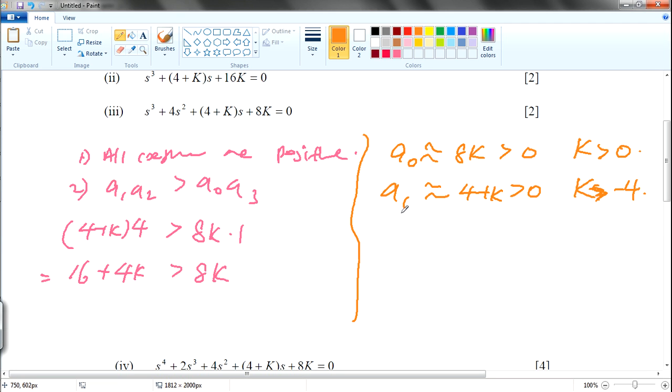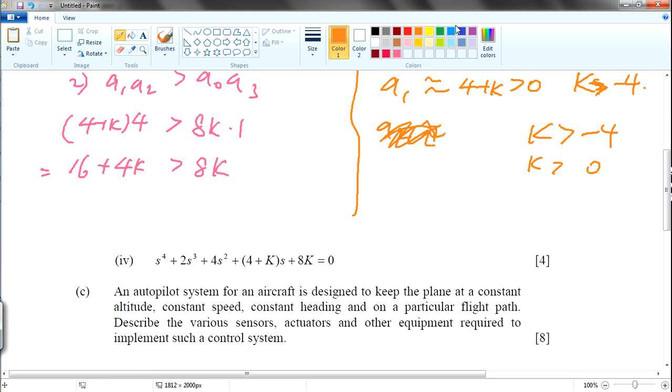So A2, second order, there's no K, right? Good job, there's no K, so we can just not care about it. So with this, we have two conditions on K: K larger than minus 4 or K larger than 0. From here you can straight away see that K should be larger than 0.